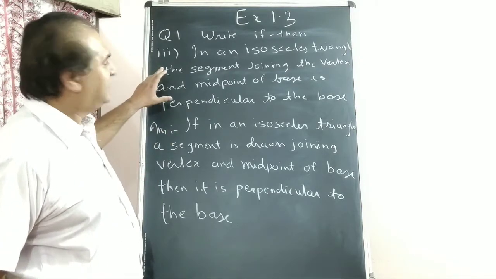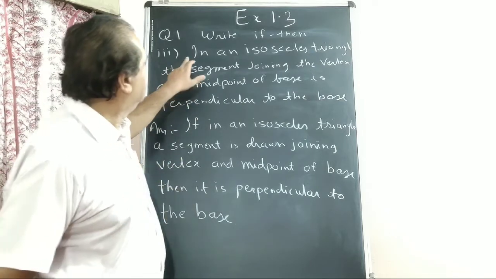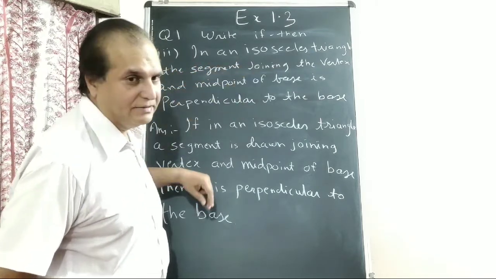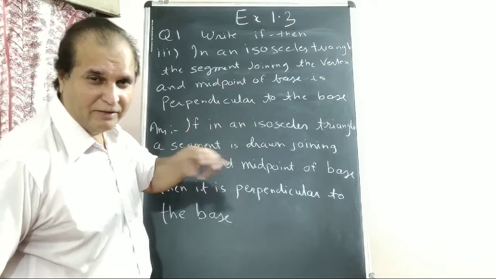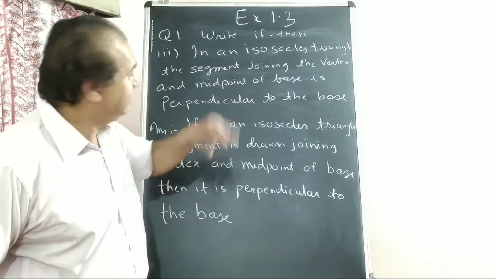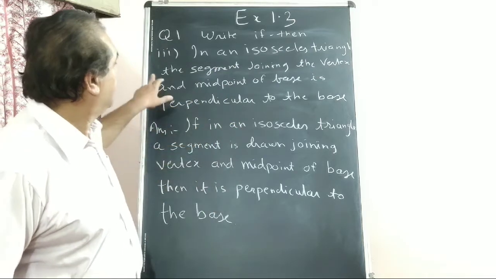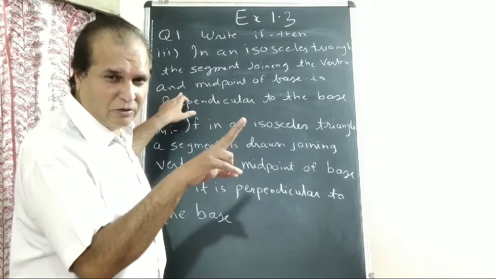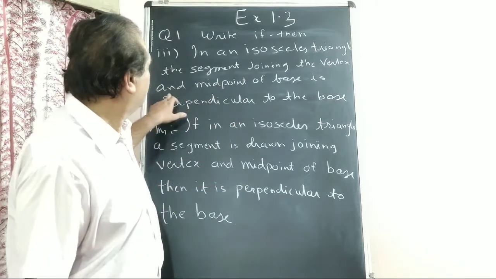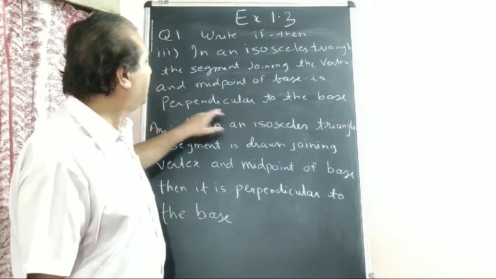See the statement, then we will convert to if then conditional statement. In an isosceles triangle, you know isosceles triangle, two sides equal and one base. The intersection of two congruent sides is called vertex. The segment joining the vertex and the midpoint of base is perpendicular to the base.